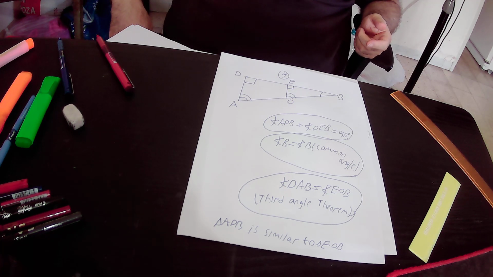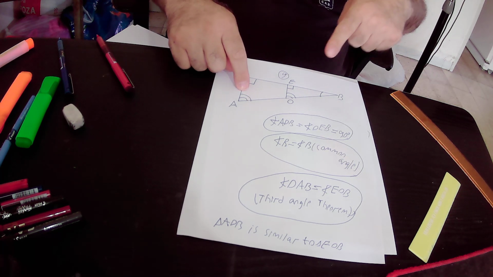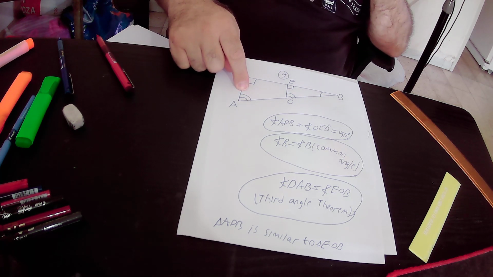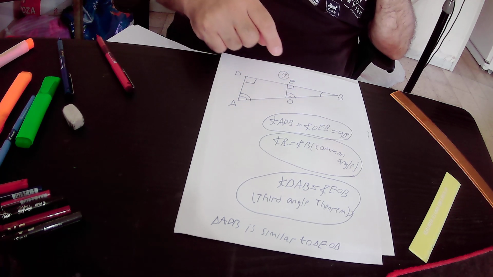So the third angle, this angle DAB in the big triangle, must be equal to angle EOB in the small triangle.